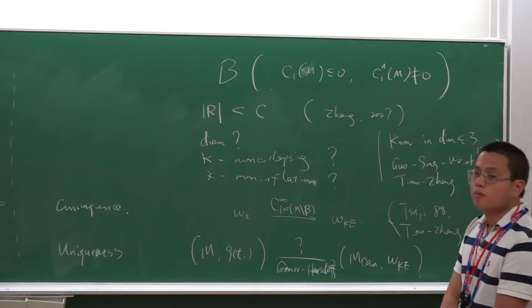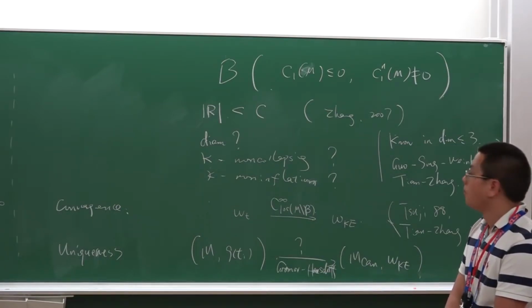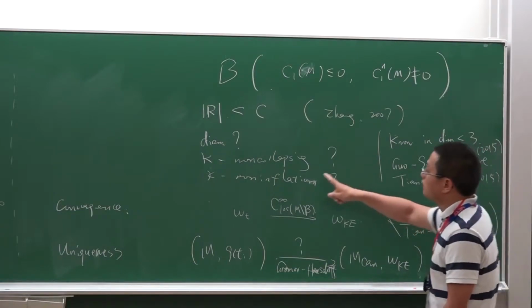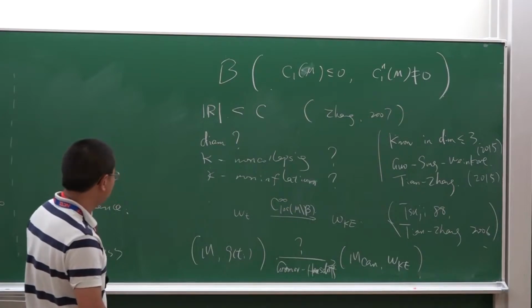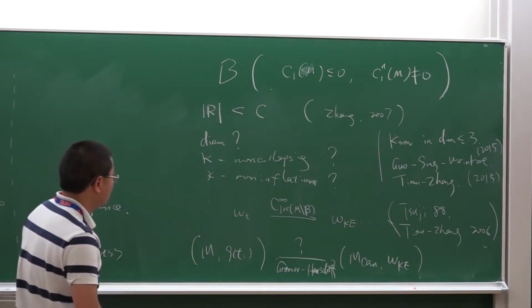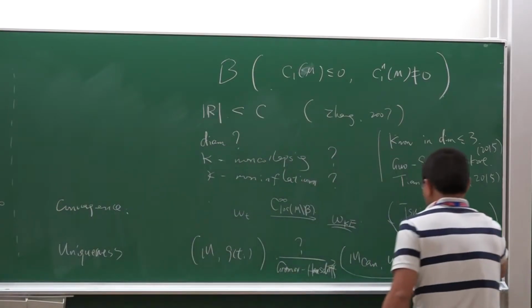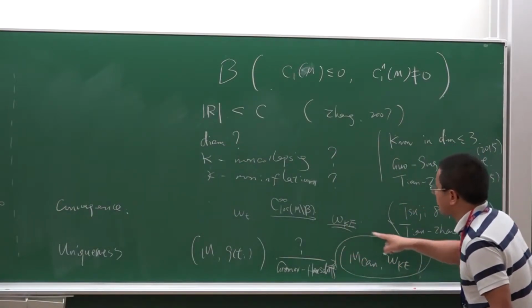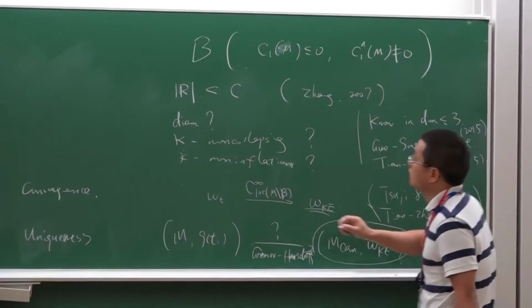In the case that dimension is less than or equal to 3, do you know that your diameter is bounded? It is known. I forgot to mention that. So this one, as a completion of the omega KE on this part, has a bounded diameter.